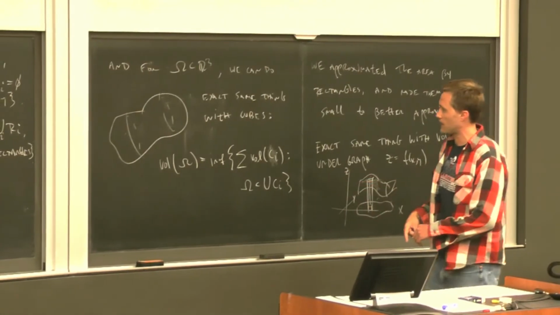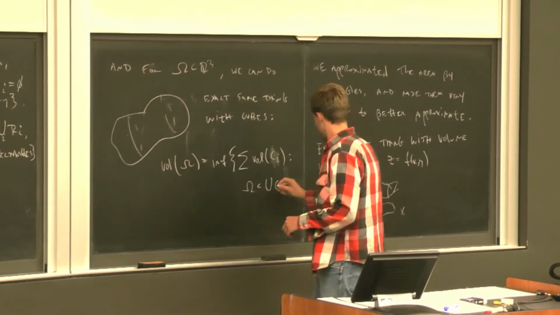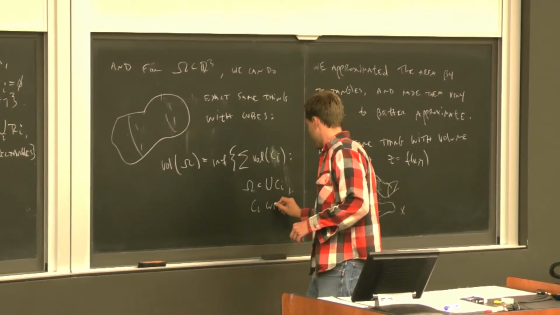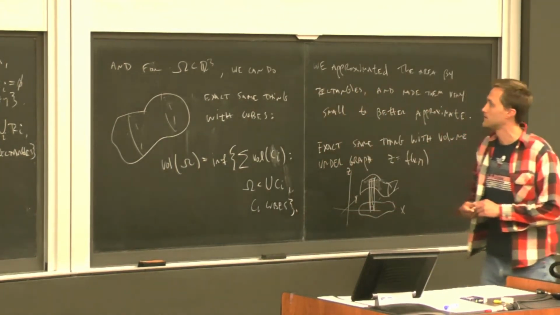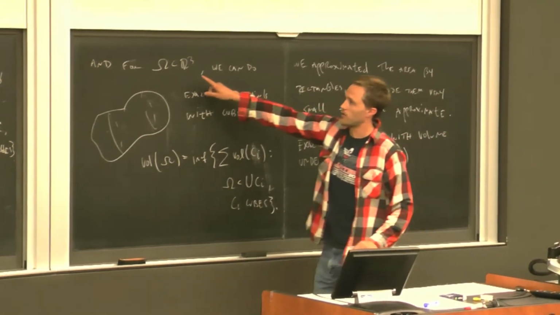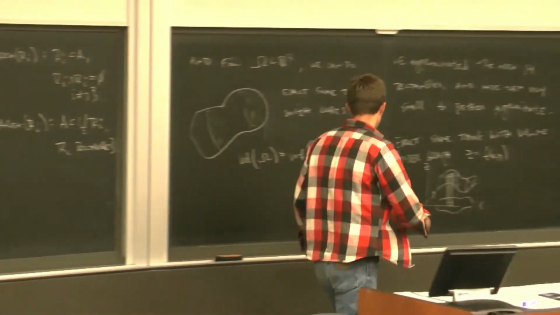Exact same definition, only now the C_i's are cubes instead of rectangles because we're in 3 dimensions now. And notice here we were in R3, and here we were in R2, and we can do the exact same thing for length in R1.